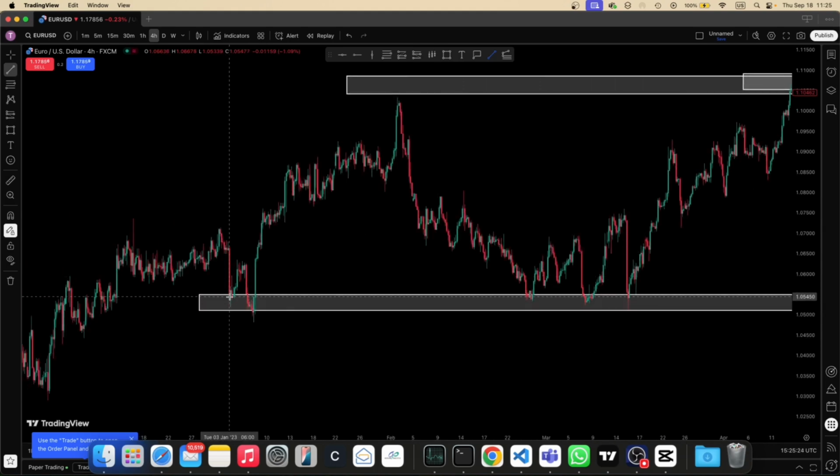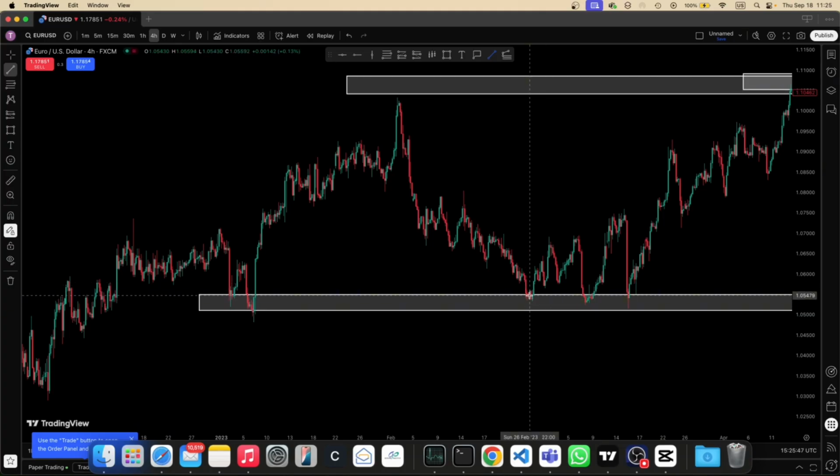Let's say the first one came here. A lot of people maybe would have rushed in and taken trades at the top, and then experienced this, hit their stop loss, and then it starts to go up. So we don't want that. We let it establish first, and then maybe take a trade somewhere around here or here. Same thing here.